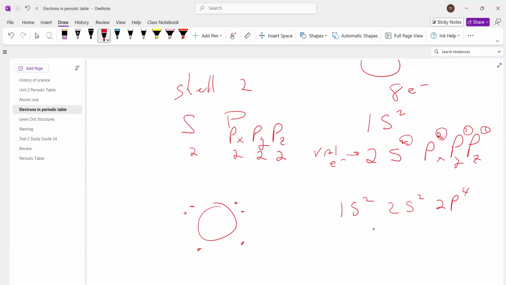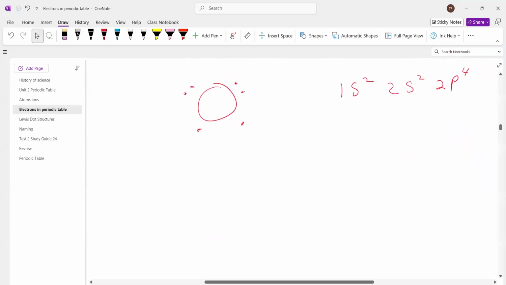Now, the exception to all this is carbon. Carbon's got 6 electrons total. So let's do the electronic configuration for carbon's electrons. So we have 2 of the 6 going in shell 1.